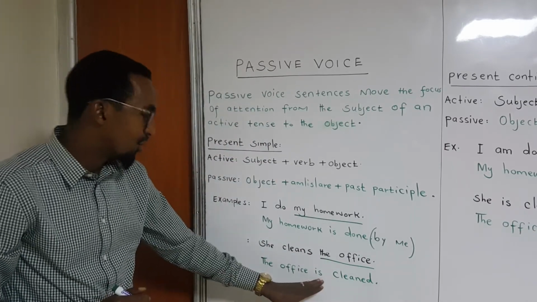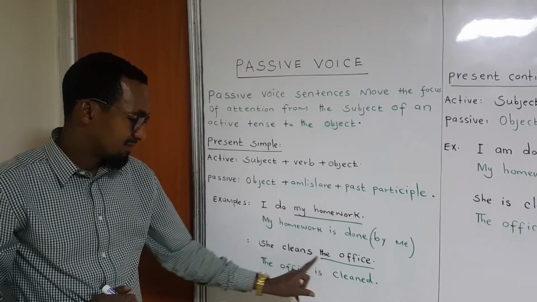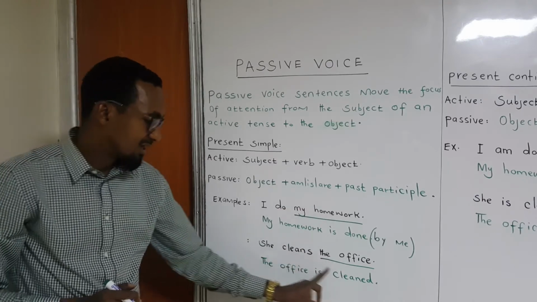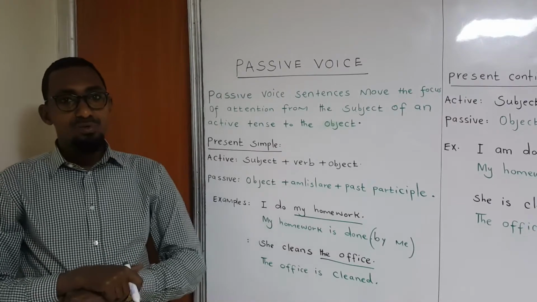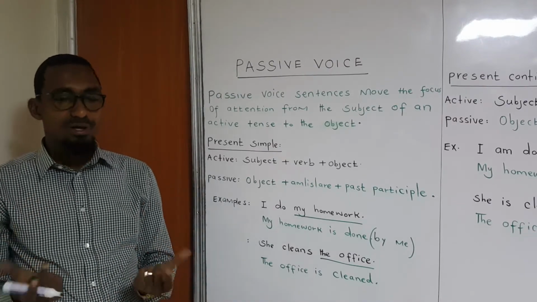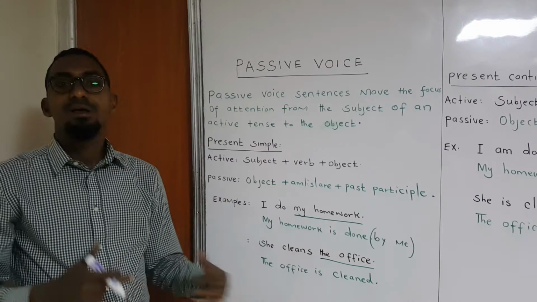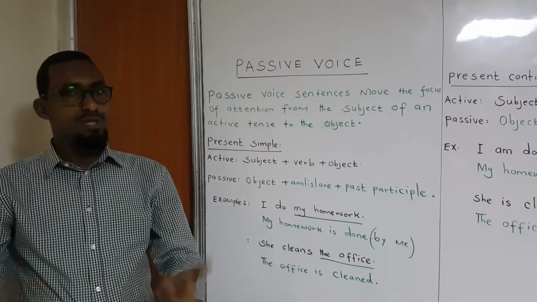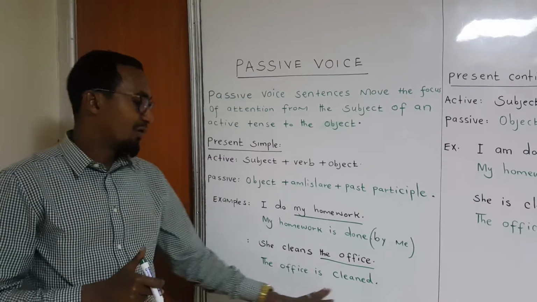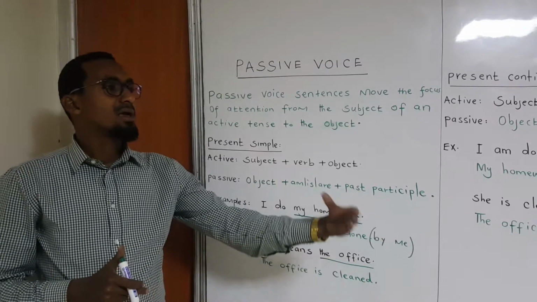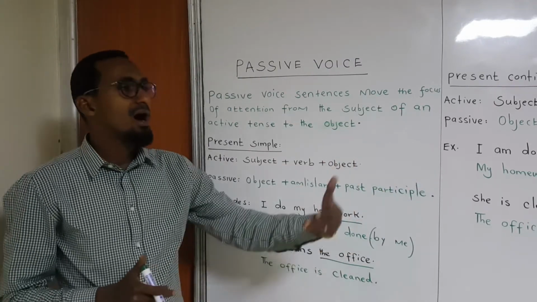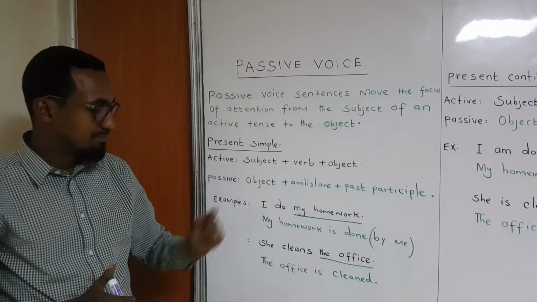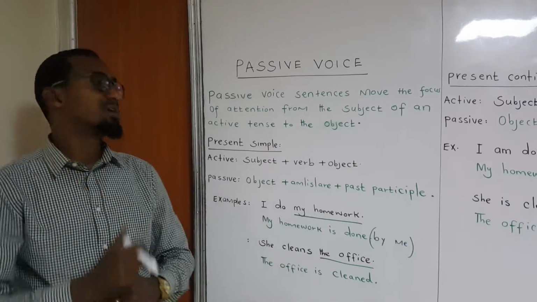Then we take is, the office is, and then the past participle of clean is cleaned. The office is cleaned. Do we know the agent? We don't know. It is not important. If you want to add, you can say the office is cleaned by Robina, or the office is cleaned by Asha. You can add by and the agent if you feel like.